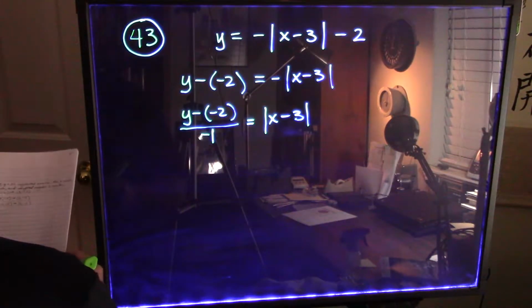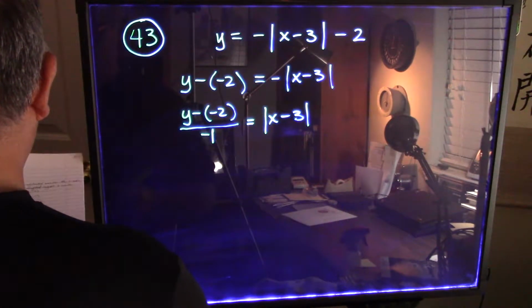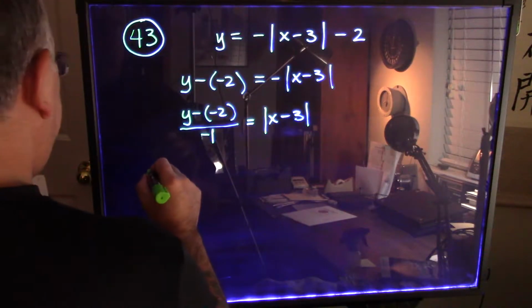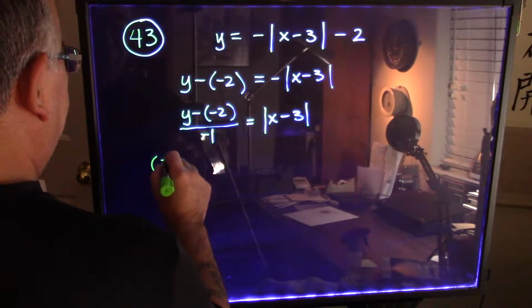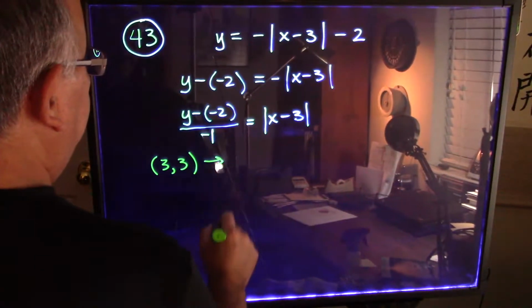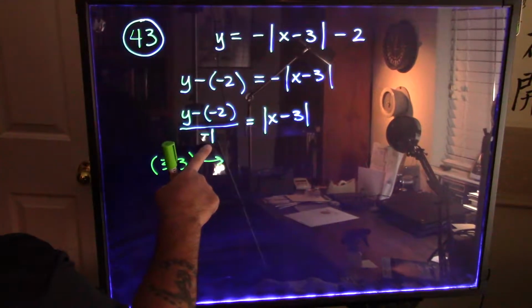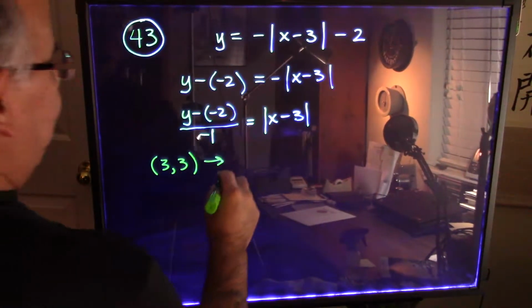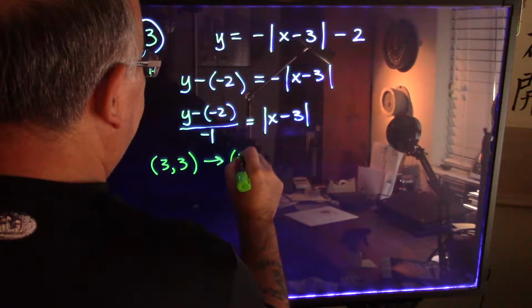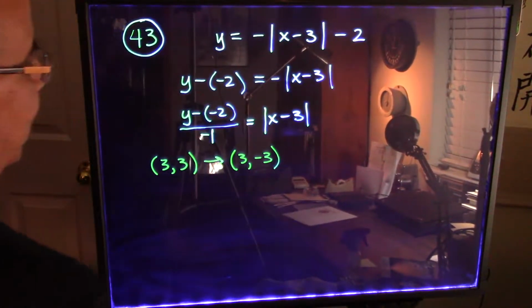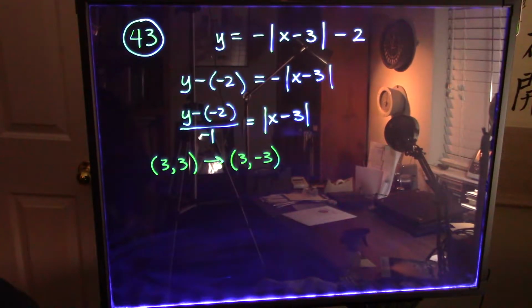Alright, so let me take a representative point, for example 3, 3. That's on y equals absolute value of x. First you multiply the y coordinate by negative 1, so you get 3, negative 3. So there's your reflection across the x-axis.